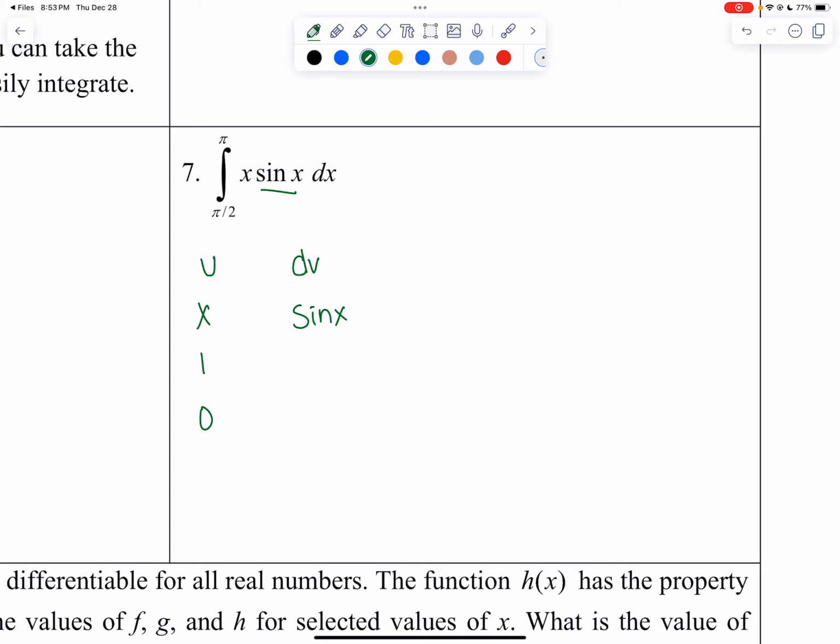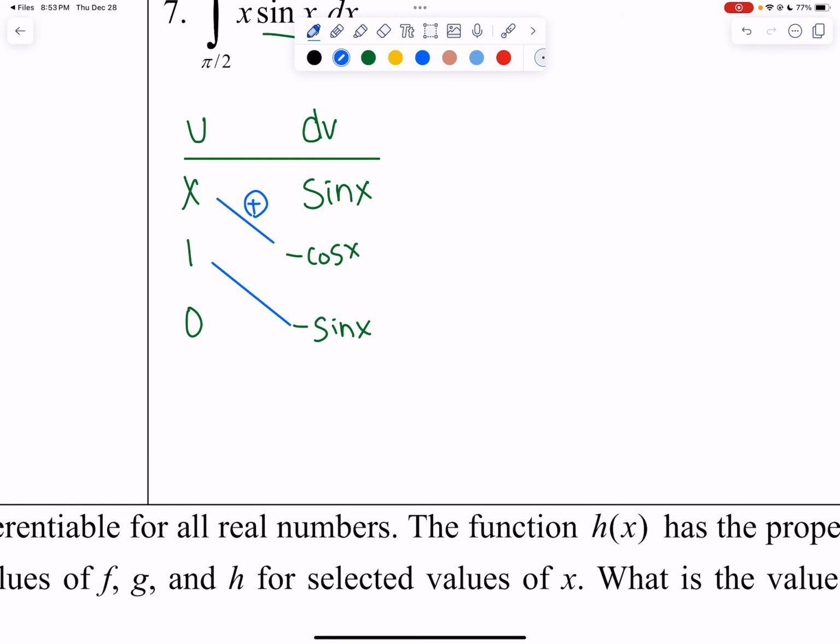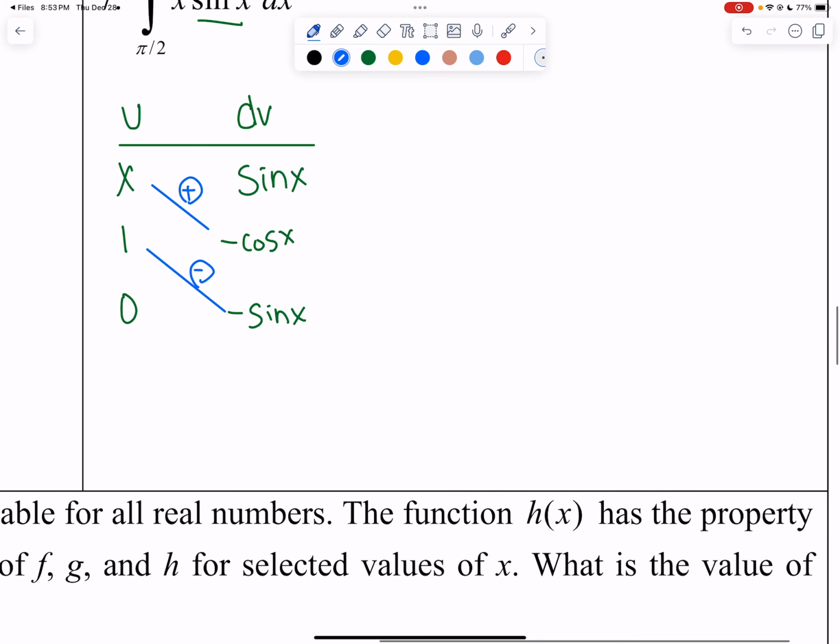The integral of sine of x is going to be negative cosine of x. And then the integral of negative cosine of x is negative sine of x. I am going to link my diagonals. And then I'm going to alternate signs. And then I'm going to combine. So that's going to be negative x cosine of x plus sine of x.